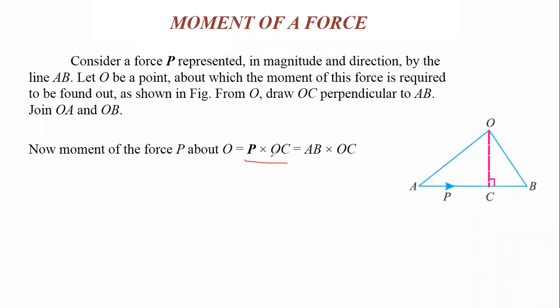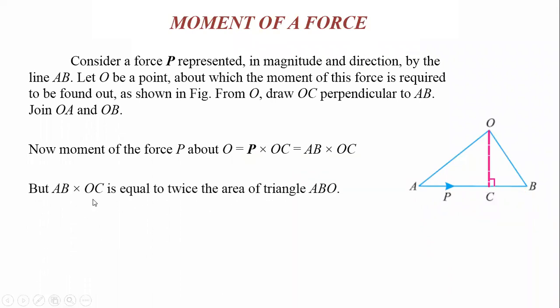Moment equals P into OC, and this P is nothing but the distance AB. That's why it is AB into OC. But AB into OC is equal to twice the area of the triangle.